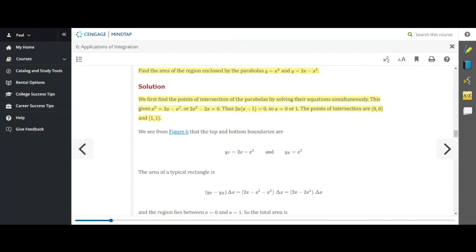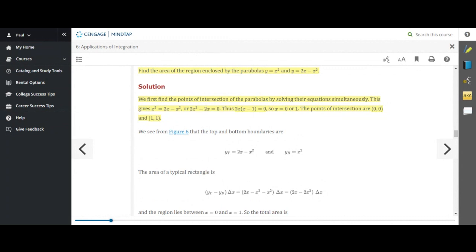So set the two functions equal and you'll have x squared equals 2x minus x squared, or 2x squared minus 2x equals 0. Factor out the 2x, and you'll get 2x times (x minus 1) equals 0. So x will equal 0 or 1. If we put 0 and 1 back into y equals x squared, we get 0 and 1 as well. So that's how they got those two points of intersection.